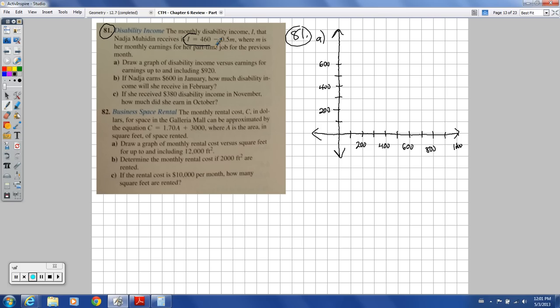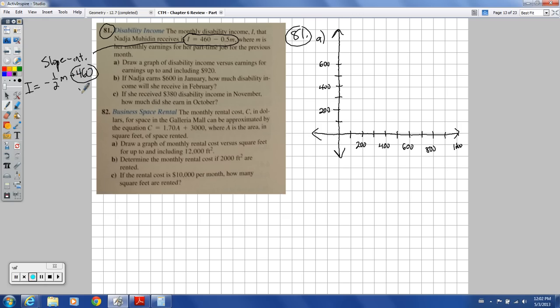But if I think of this in terms of slope-intercept form, I'll do that over here. Slope-intercept form would look like I equals, this is like your y. The I is the y. You have negative 0.5. That's the same thing as negative 1/2, times the monthly earnings plus 460.